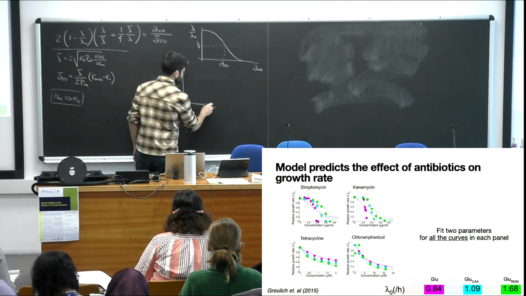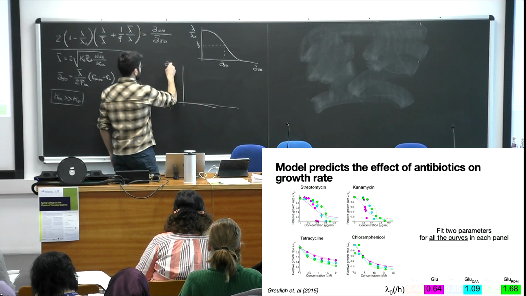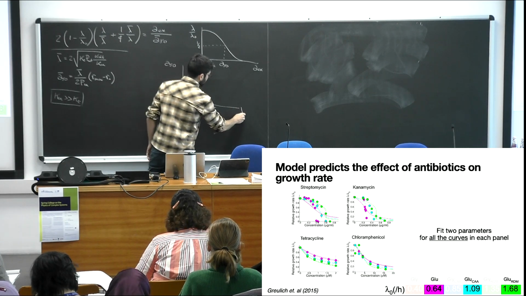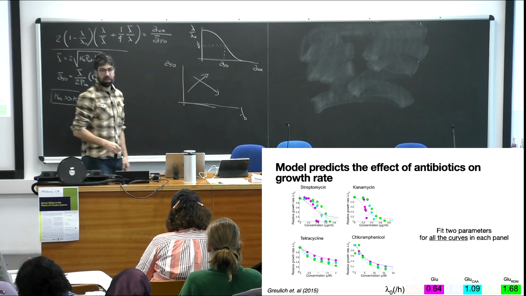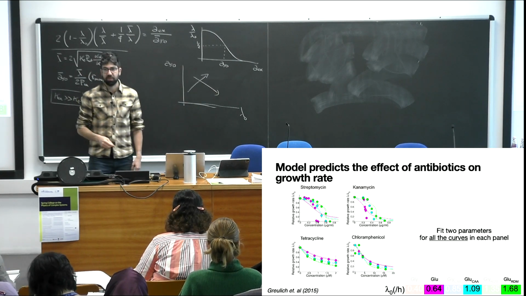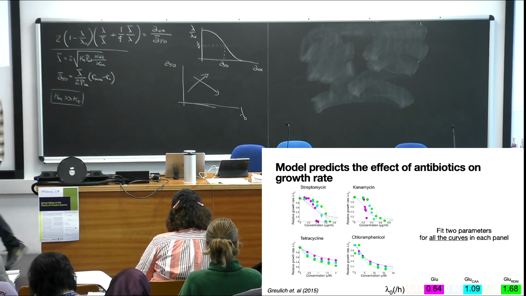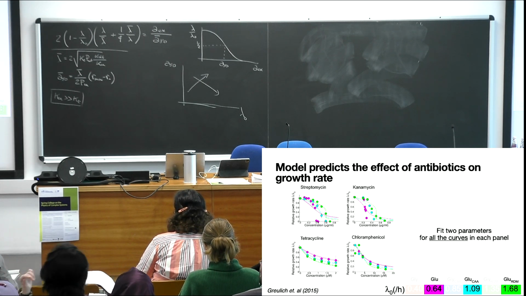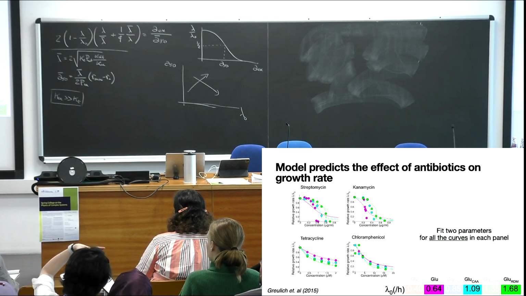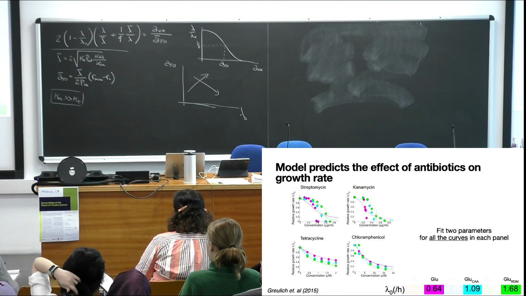And the observation that we had is that this A50 as a function of lambda naught sometimes goes up and sometimes goes down, depending on the type of antibiotic, right? As you can see here. In this case, as you grow faster, this value goes up. In this case, as you grow faster, this value goes down. Okay?